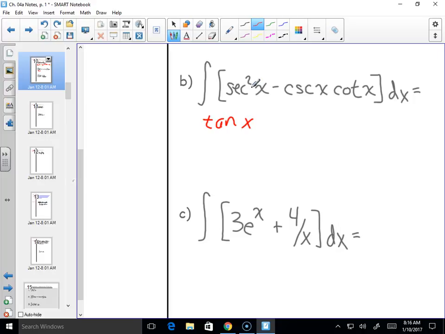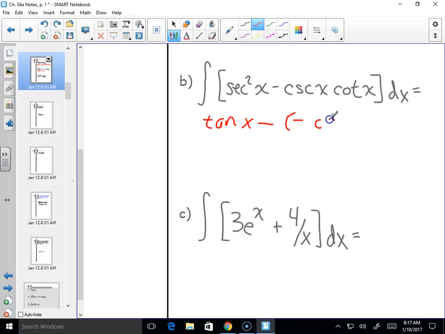Okay, second term. Did you write the minus and then take the integral? Okay, so write the minus because of sum and difference. Now when you take the integral of cosecant x cotangent x, hopefully that makes you think, ooh, which trig? Cosecant, but if you're looking at just positive cosecant cotangent, then you need to think there needs to be a negative.